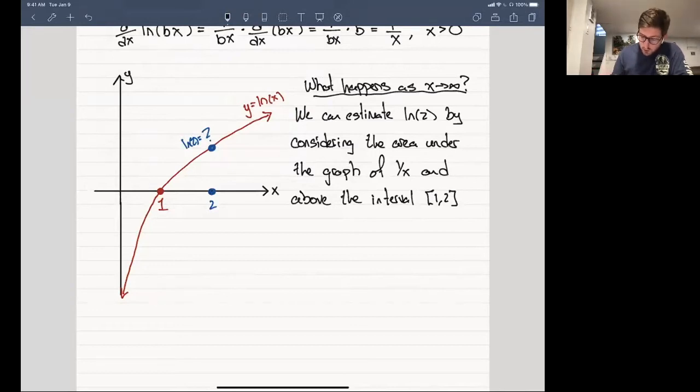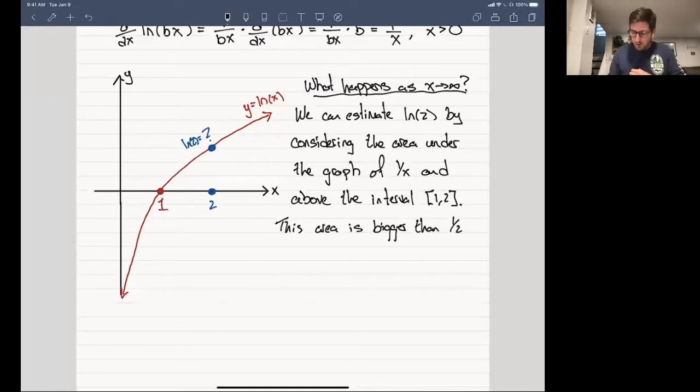Well, the function 1 over x, this area is bigger than 1/2. Okay, so why is this the case? Why do I know that this area, so ln of 2, is bigger than 1/2? Well, 1 over x is decreasing.